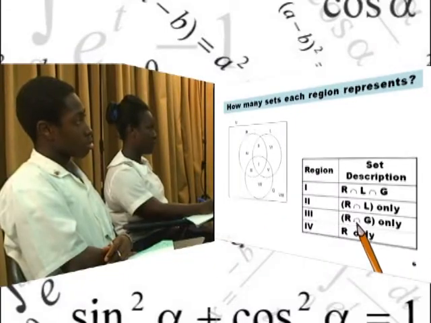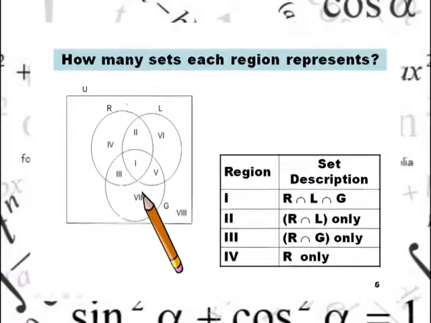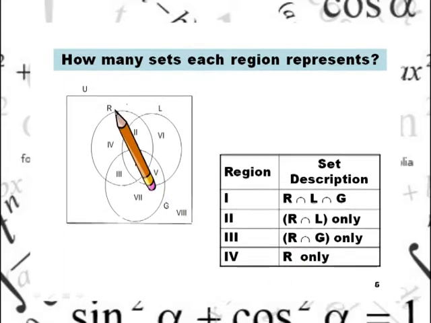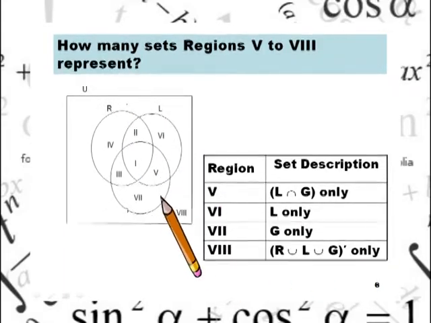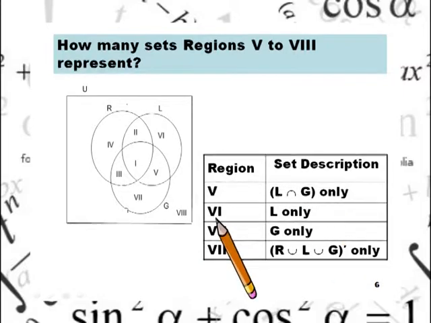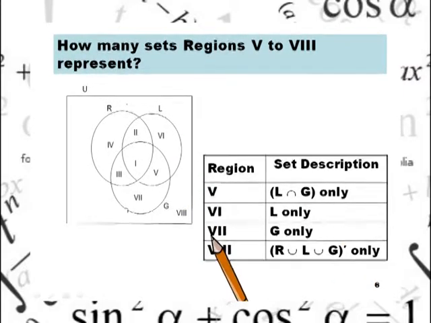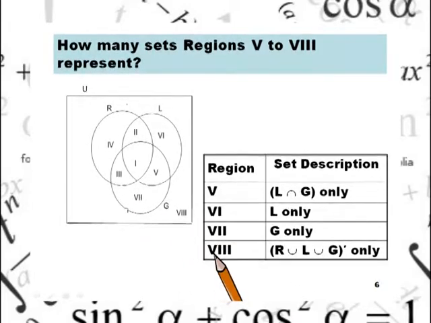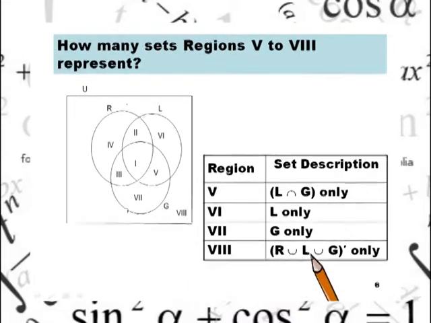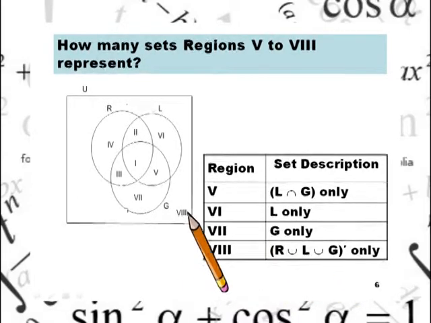The set R intersect the set G only. Region 4. The set R only. Region 5. The set L intersect G only. Region 6. L only. Region 7. The set G only. Region 8. The set R union L union G complement only.